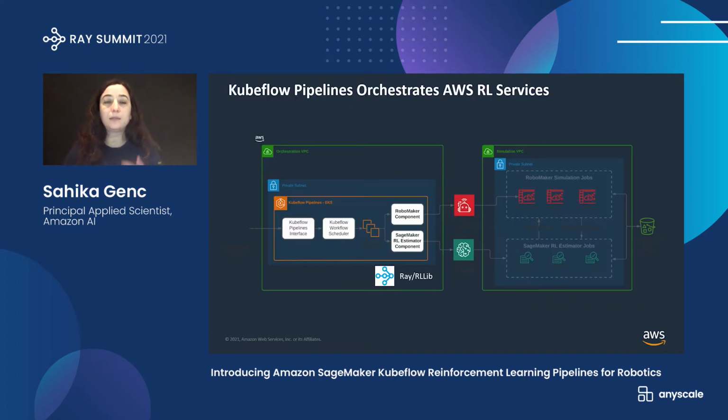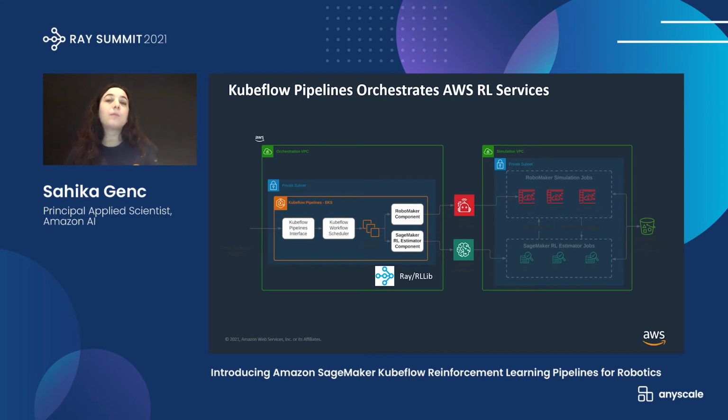Let's take a look at how Kubeflow Pipelines orchestrates our services. Similar to the machine learning workflows, we have our SageMaker estimator here, and we use the Kubeflow Pipelines interface and a scheduler not only to instantiate and start running our SageMaker reinforcement learning agent, but we also use AWS RoboMaker, which is a cloud robot simulation service that you can utilize.